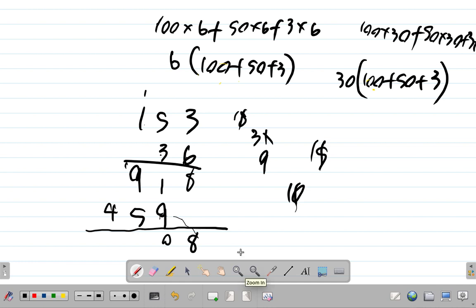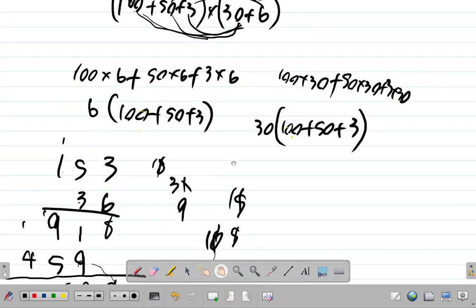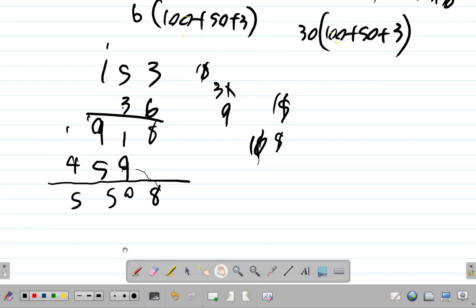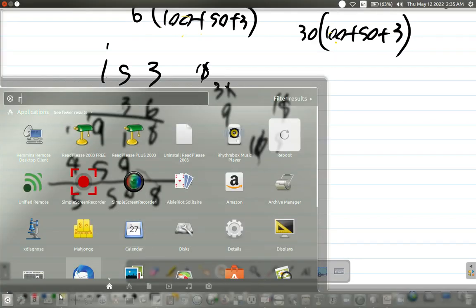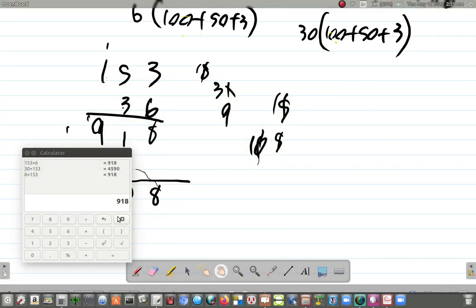Then you say 9 and 5 is 14 and 1 is 15. Down the 5, carry 1, 4 and 1 is 5. Right? So what you did here is 36 times 153, and you get your 5508.